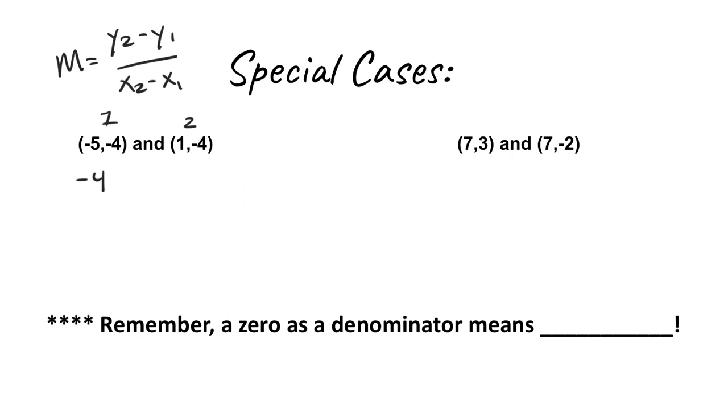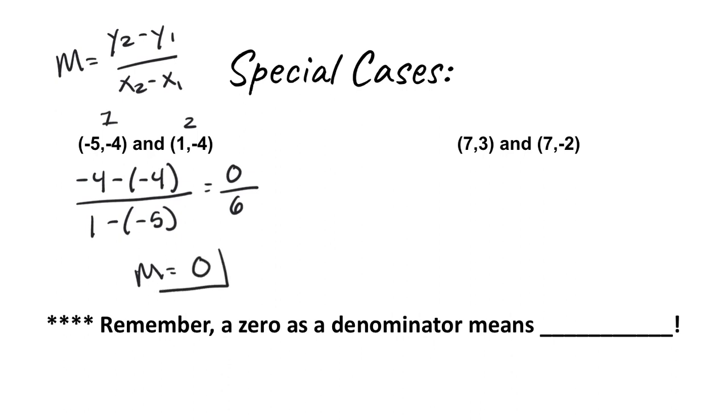So negative 4 minus negative 4 over 1 minus negative 5. So negative 4 minus negative 4 is 0 over 1 minus negative 5. So 1 minus negative 5 gives me 6. 0 over 6 is going to be a slope of just 0.